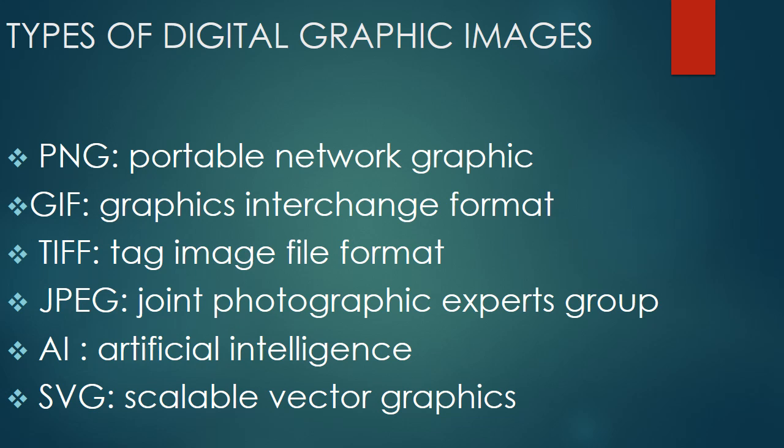So, types of digital graphic images. We have PNG, which is known as Portable Network Graphic. It is a raster image file format that supports compression and also lays a different background to create a natural look for individuals. The second one is known as GIF, Graphics Interchange Format.